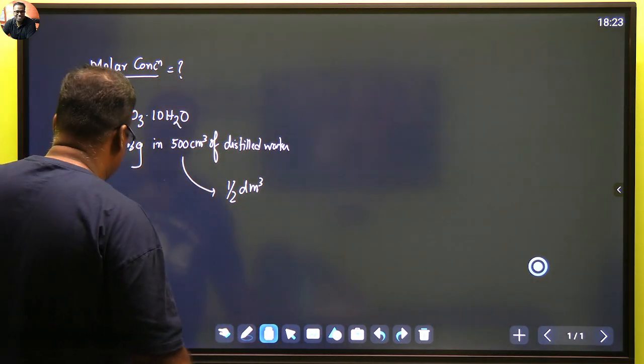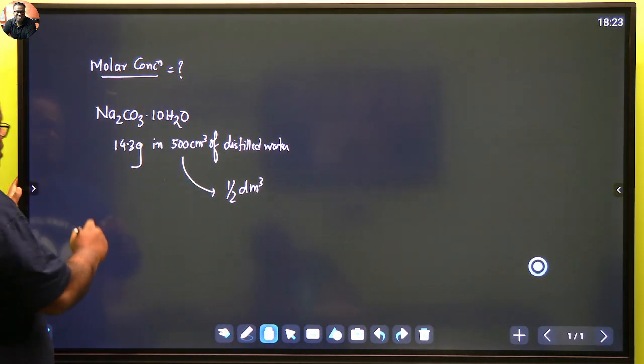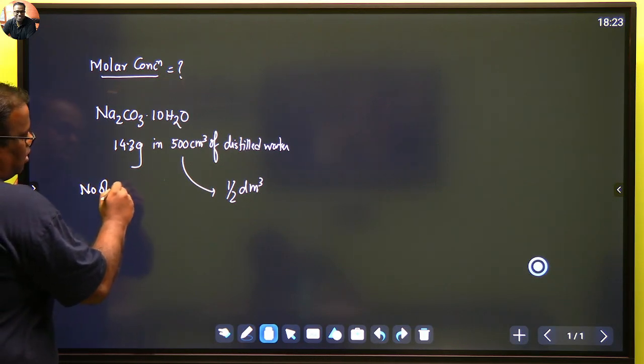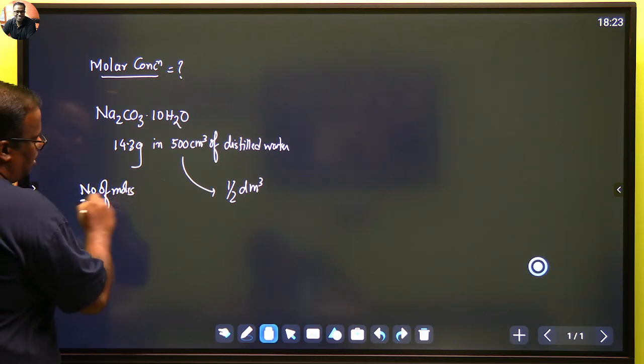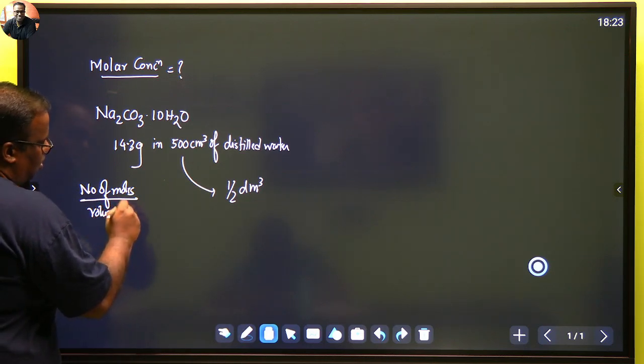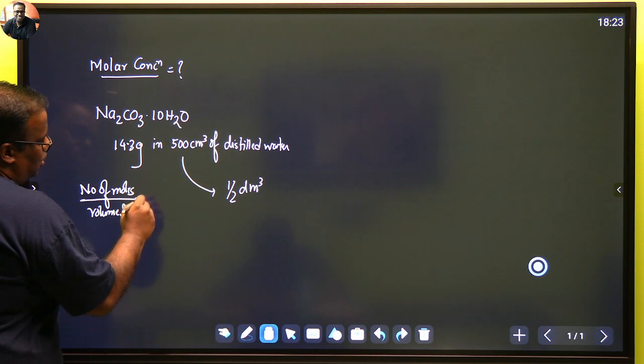Now try to find out the molar concentration. Molar concentration is always number of moles over volume of solution.